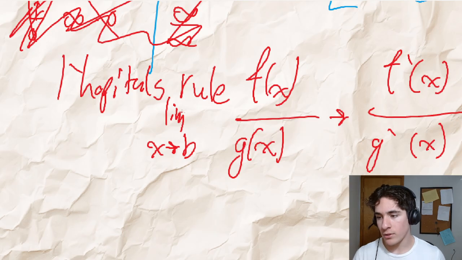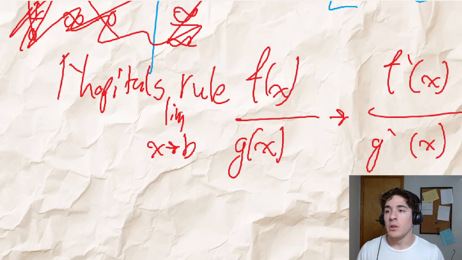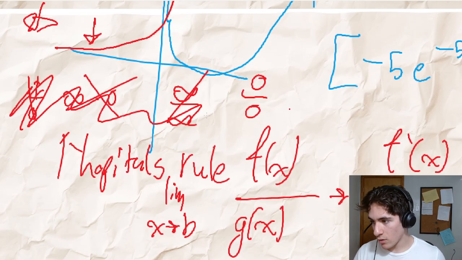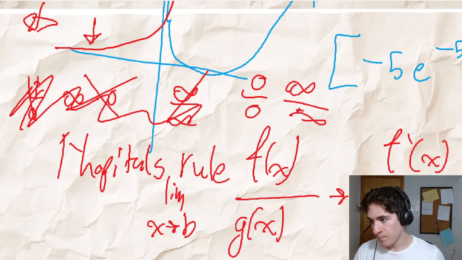We're probably not going to have to use this when you're using integration. Most teachers aren't very rude to you and make you use L'Hopital's rule in the middle of finding an improper integral. However, if you do need to do it, then you have to take the integral and then do some magic to apply L'Hopital's rule. However, you can't apply it unless it is 0 over 0 or infinity over infinity.